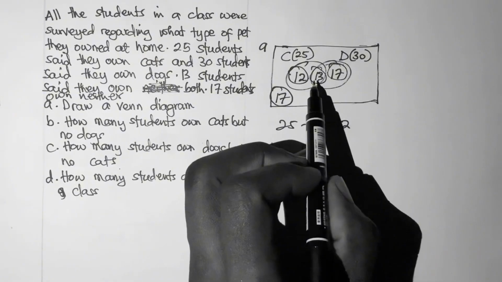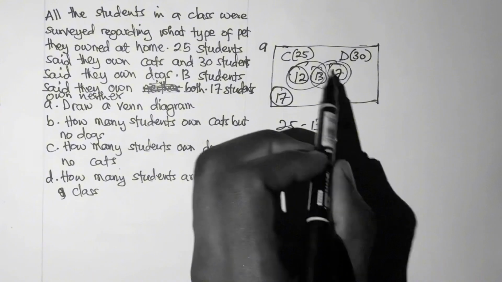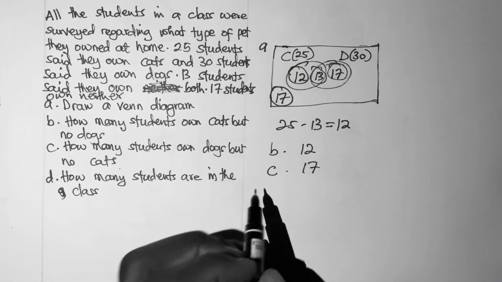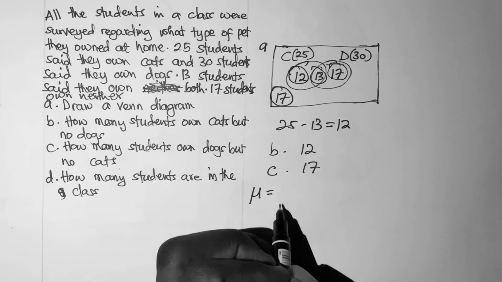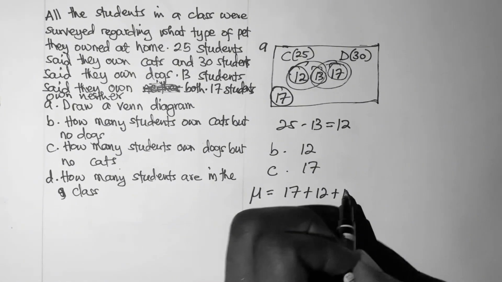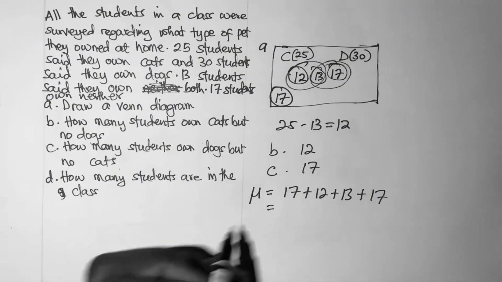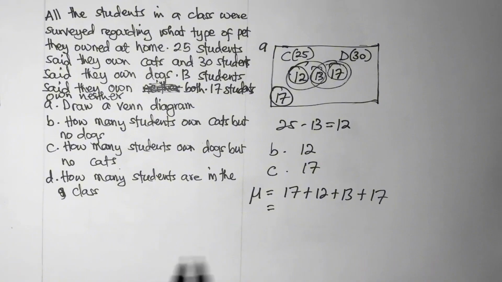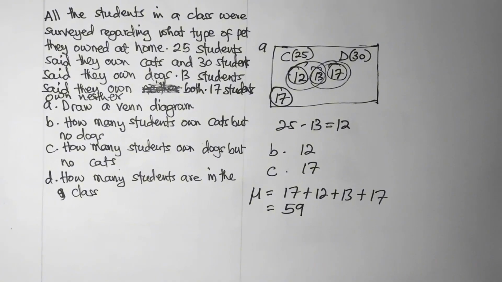Another way we can go about it is to sum the 25 plus 30 and subtract the intersection. So the number of people, that is the universal set, is equal to 17 plus 12 plus 13 plus 17. And if you do all of this, you are going to get 59. So there are 59 people in the class.